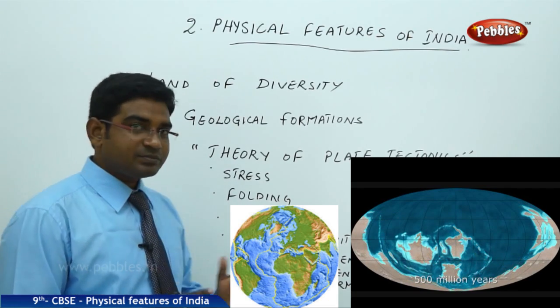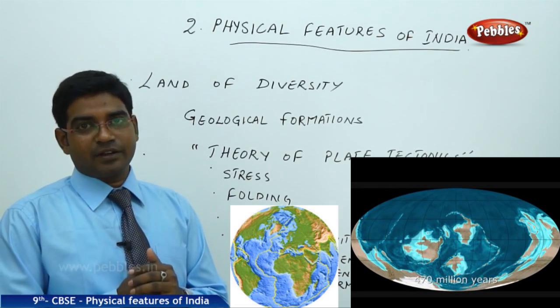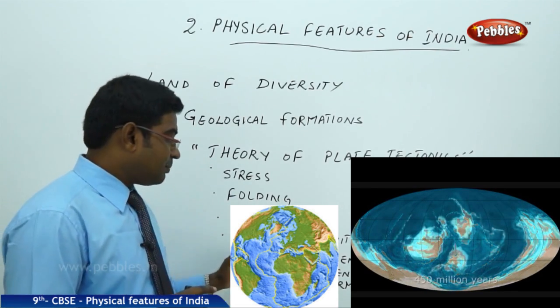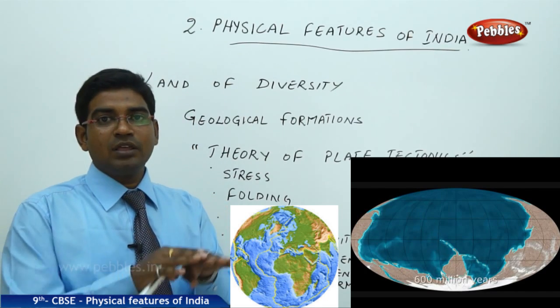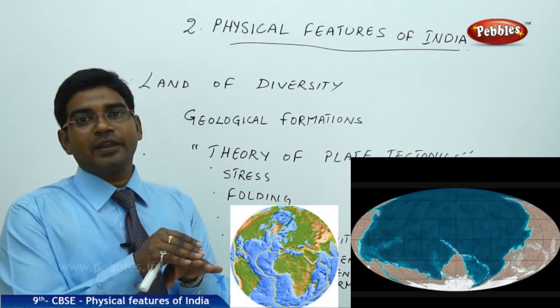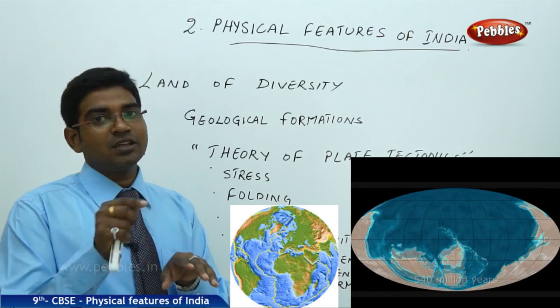All these reveal that the plates move in 3 different directions. First, one plate moves above the other plate, which is called convergent boundary or convergent movement.